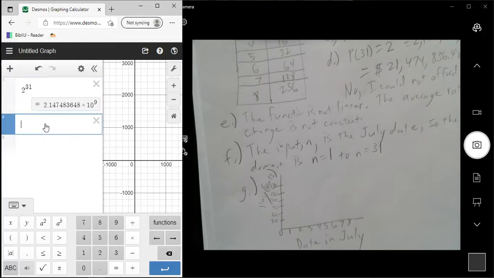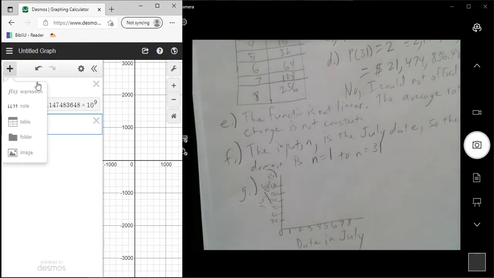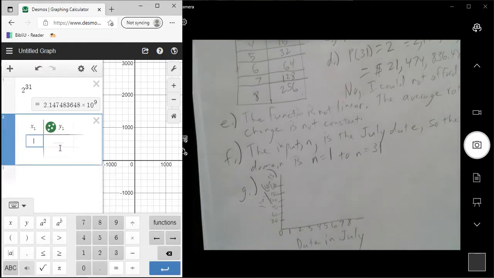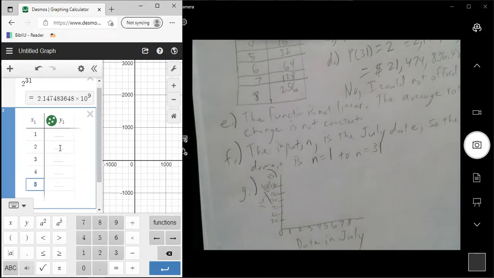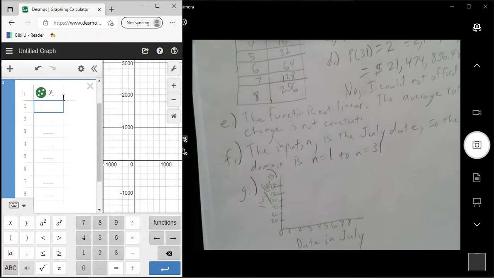So why don't I put that here? Or I could just do a table. Let me just do a table. We do a table, we would go 1, 2, 3, 4, 5, 6, 7, 8. And we'll put in the values.